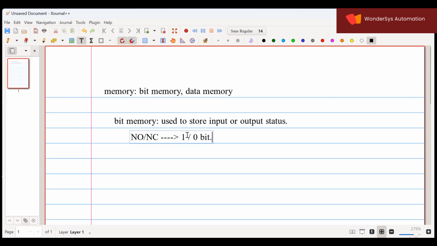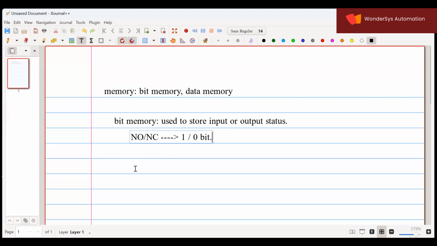Now, whenever I go for push buttons, or if I'm using rising edge or falling edge, I need to store that value, a single bit of data. If I go for a data memory, it is a 32 bit or 16 bit memory, where I will be utilizing a complete data register. So it is a waste of using a data memory. For that we have bit memory, specially used to store bits.